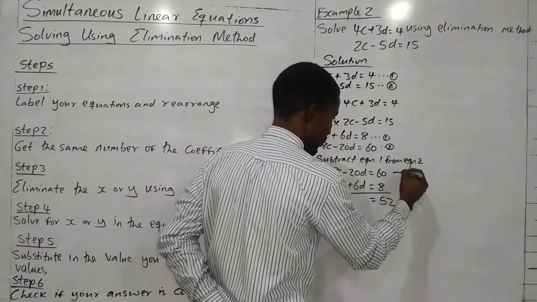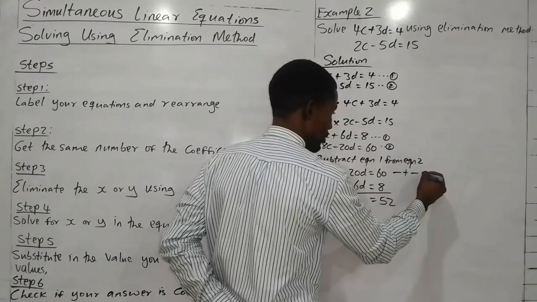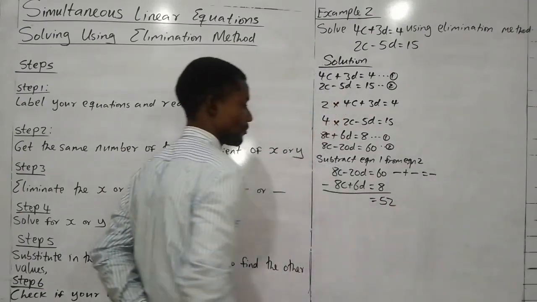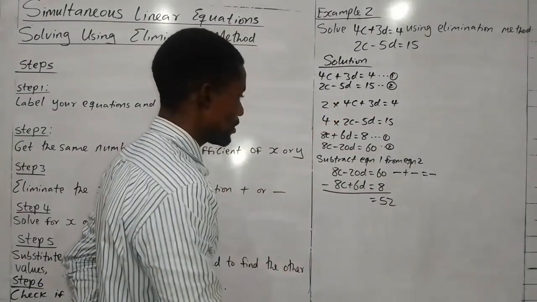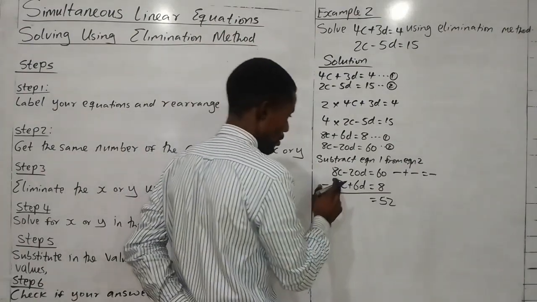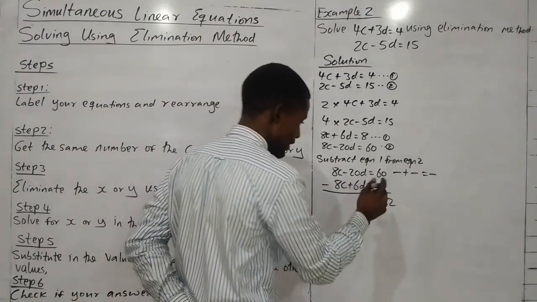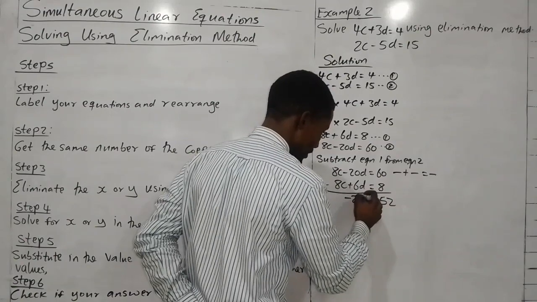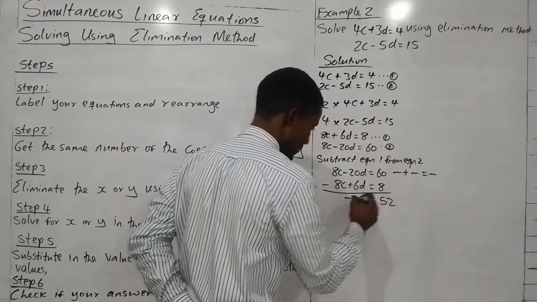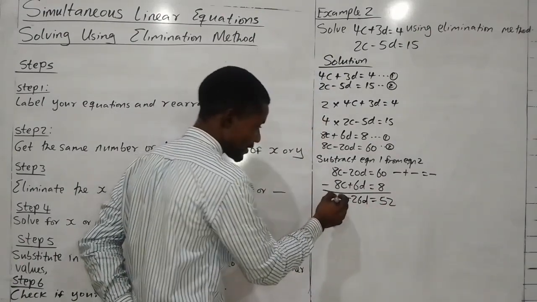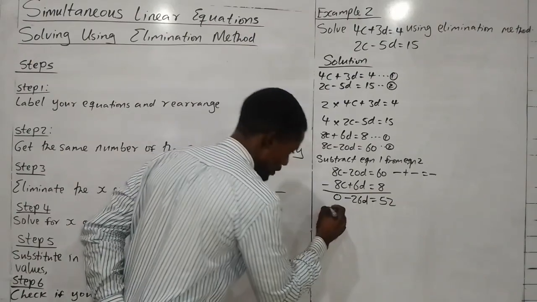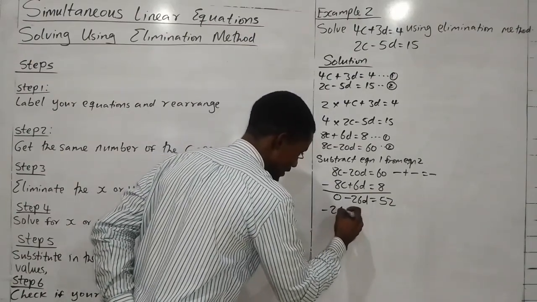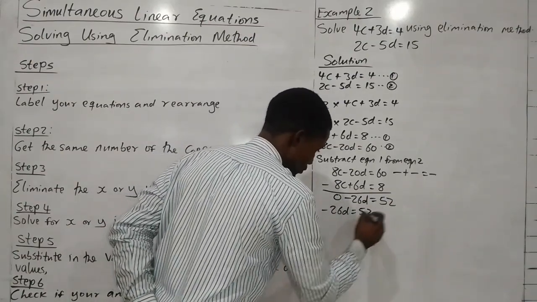Minus plus minus will give me minus. Minus plus minus will give me what? Minus. So minus 20 minus plus d will give me minus 26d. 8c minus 8c will give me 0. So now I'm having minus 26d equals what? 52.